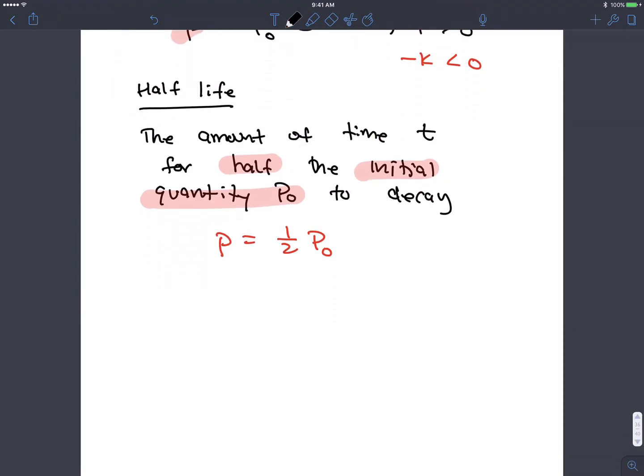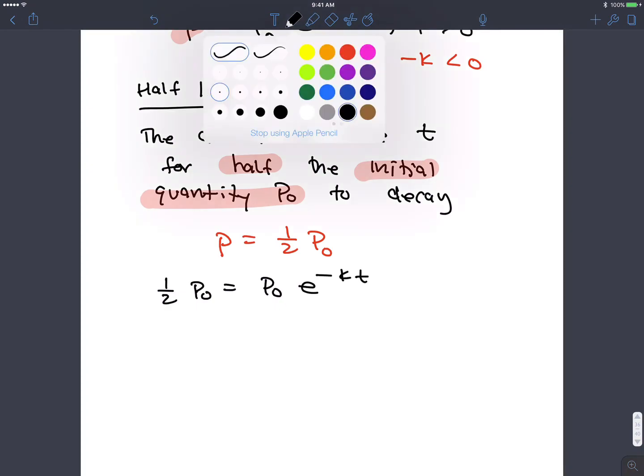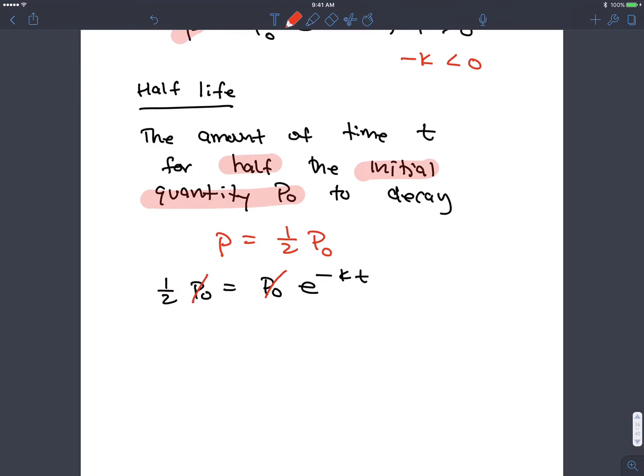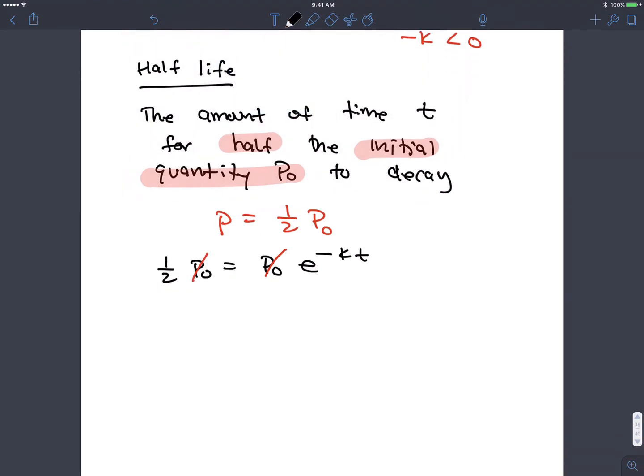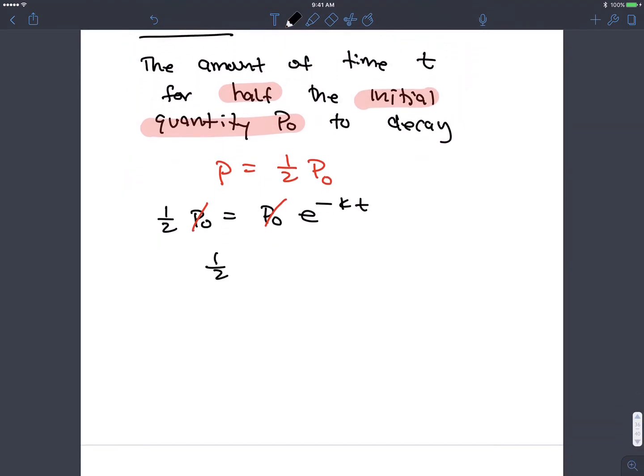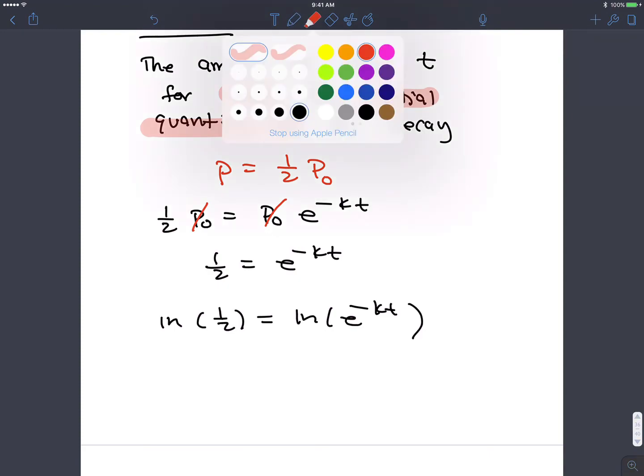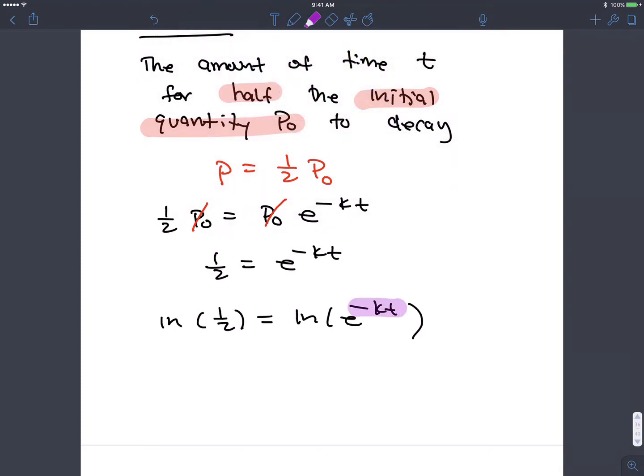So we get the equation 1/2 P naught is P naught e to the minus kt. Cancel your what? P naughts. You're going to get 1/2 equal to e to the minus kt. Natural log of both sides again. Power rule. I'll pull out my power.